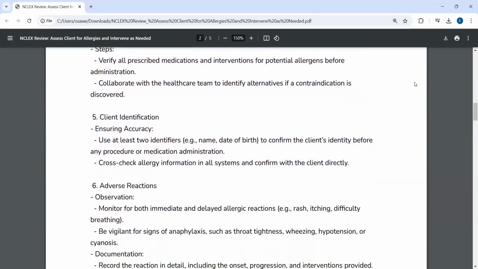Client identification, I tell my students all the time, is very important. Even if a nurse is preparing to administer a certain medication, and the question has answer choices such as verify the client identity and assess for allergy, a lot of students jump to selecting assess for allergy.